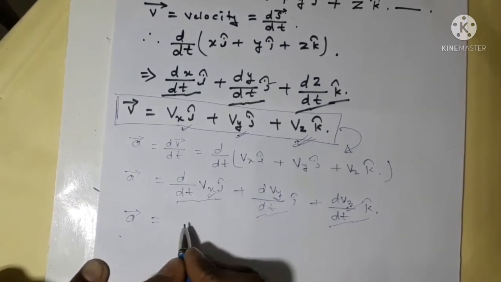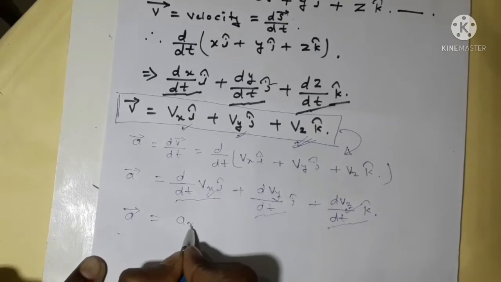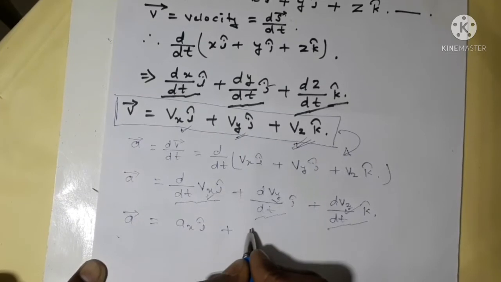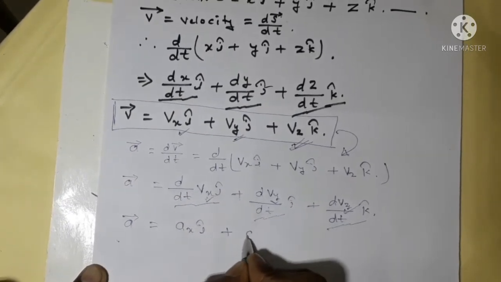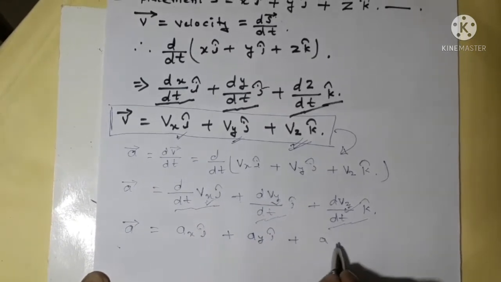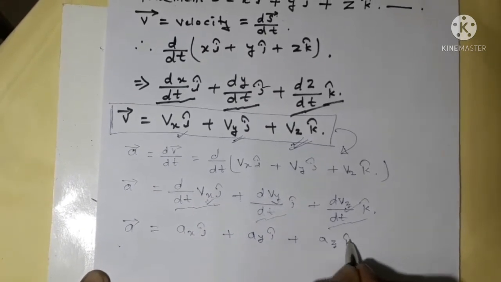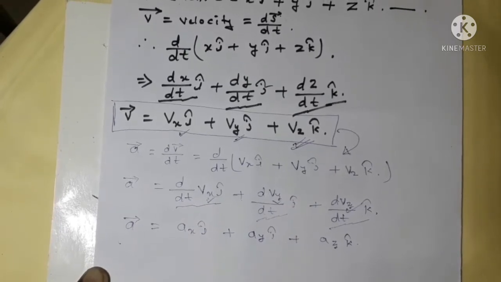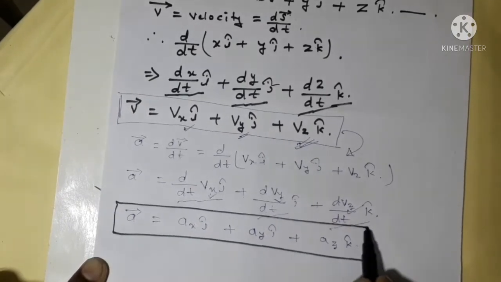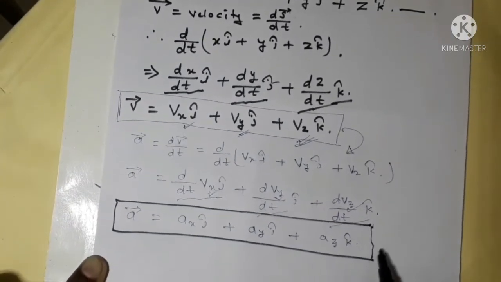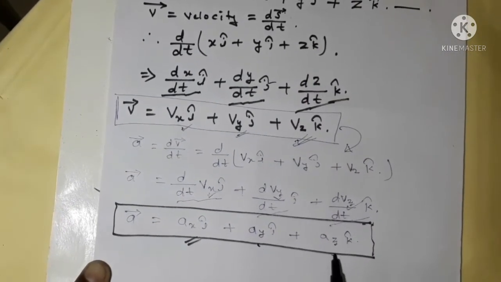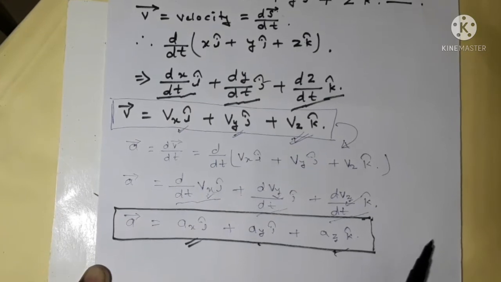So this is the acceleration of x-axis and this is acceleration of y-axis and this is acceleration of z-axis. Written like this, this is our acceleration. This is x-axis point acceleration, this is y-axis point acceleration, this is z-axis point acceleration.